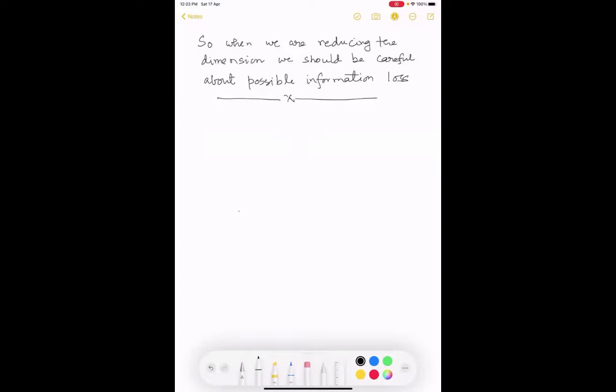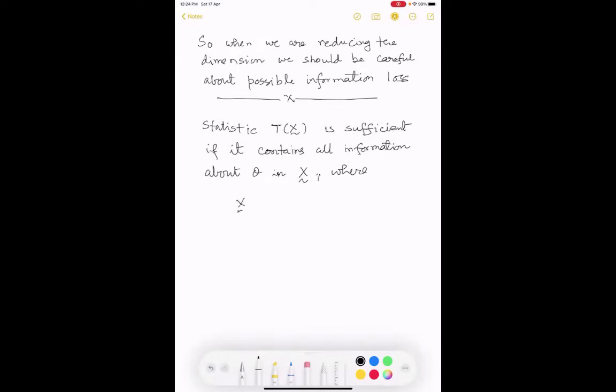If we come up with a statistic T(X), where T is sufficient if it contains all information about theta that is there in X tilde, where X tilde is my sample X1, X2, ..., Xn.